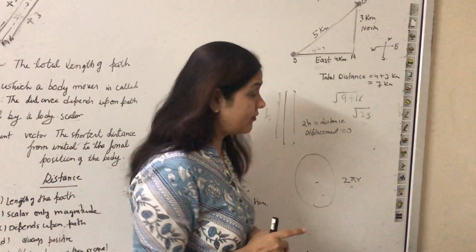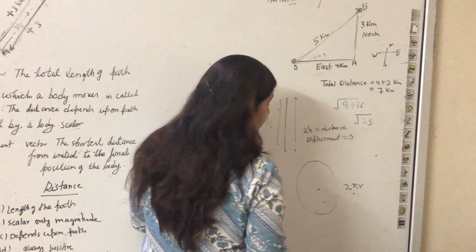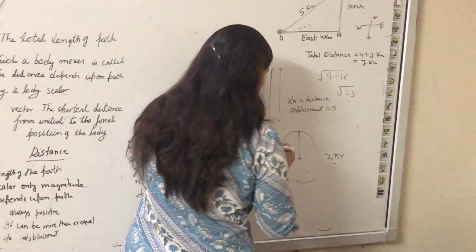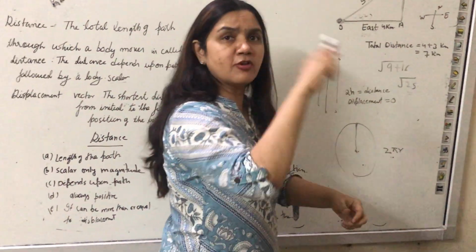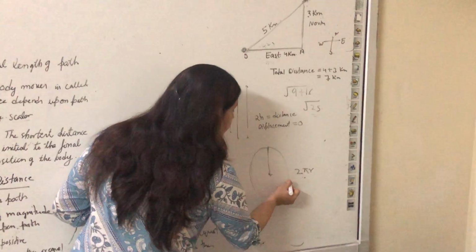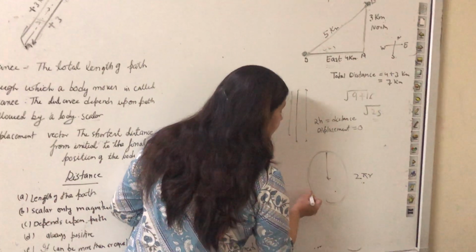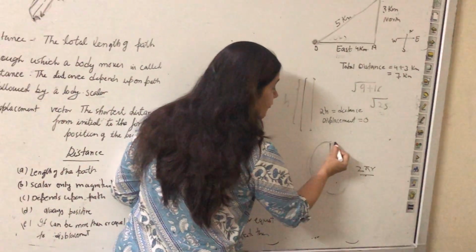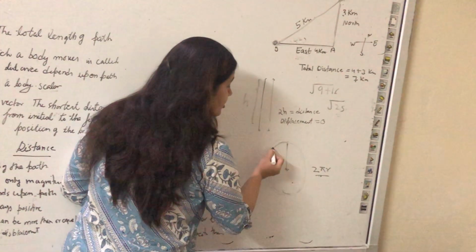One more example: a stone on a circular path. You hold it in your hand and move it around. This is the circular path. What is the circumference of the circular path? That is 2 pi r. The journey starts from this point and comes back to its original position.